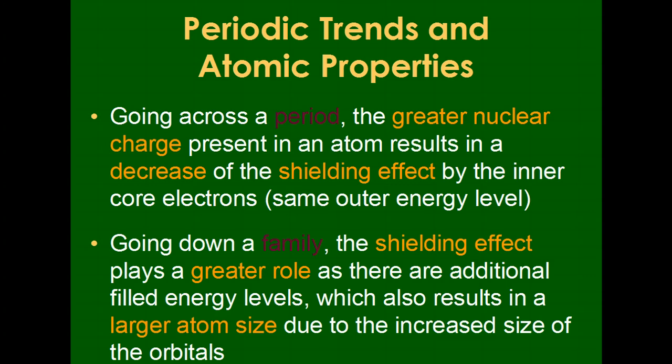As you go down a group or family, your nucleus is being further separated from those outermost valence electrons, and the nucleus is not able to exert as much of a pull on those electrons, and less energy is required for an electron to be removed. And it also impacts the size of your atoms. With those additional layers of electrons, and with the nucleus not able to hold on to the outermost ones as tightly, typically you're going to see your atoms get larger.